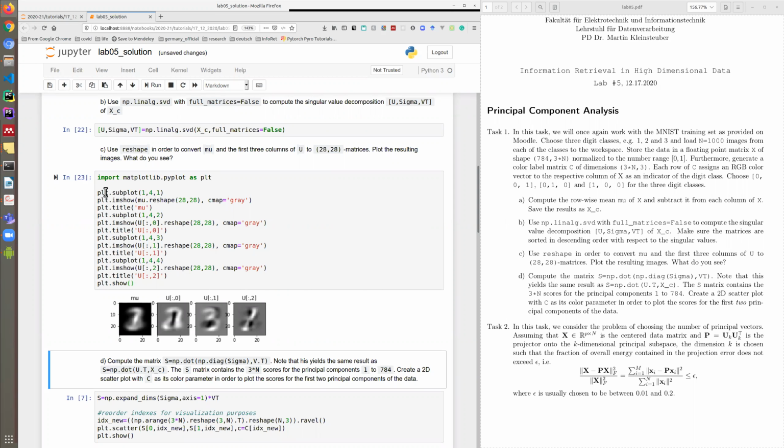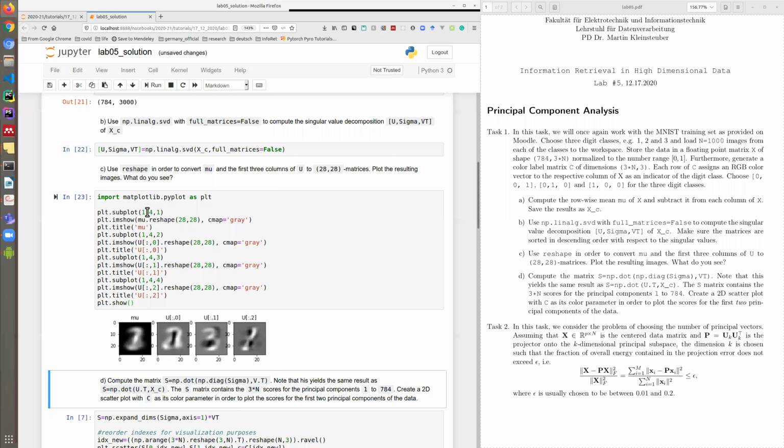So now we are using subplot, one row and four columns, and we're picking the first spot. Here we are simply plotting mu, and then the first, second and third columns of the U matrix, the three orthonormal basis vectors from the column space. This is just for your visual purpose.